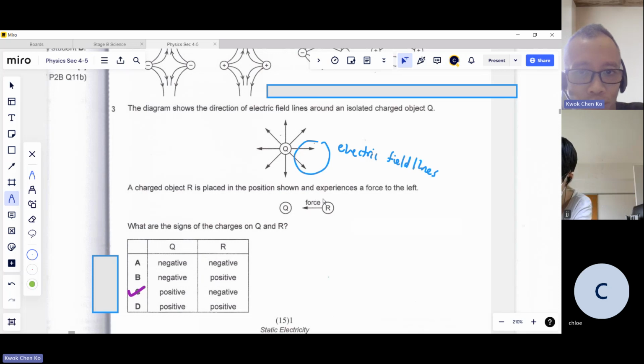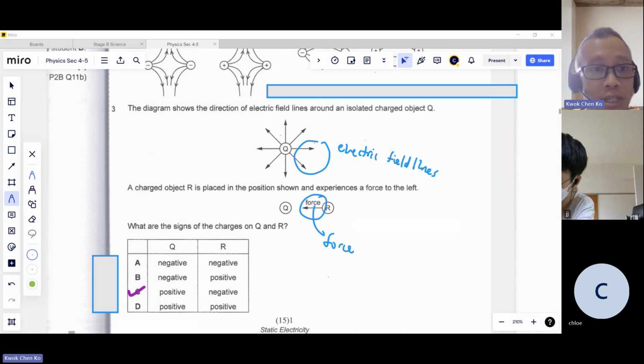Do not confuse with this. This one is really a force. So this arrow here is not an electric field line. That's the only confusion some students have experienced.